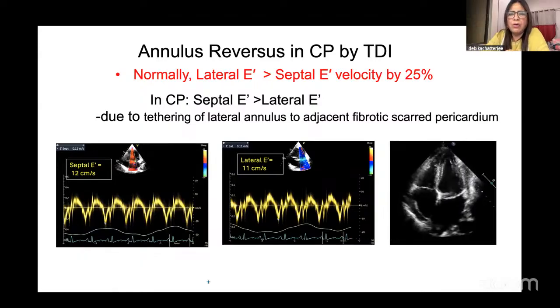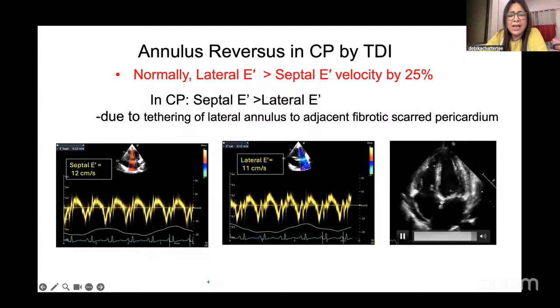So almost the lateral annular velocity is more by 25%. But in case of constrictive pericarditis, the septal annular velocity is more than the lateral annular velocity because, if you look at the lateral annulus, it is tethered to the adjacent fibrotic and scarred calcified pericardium.